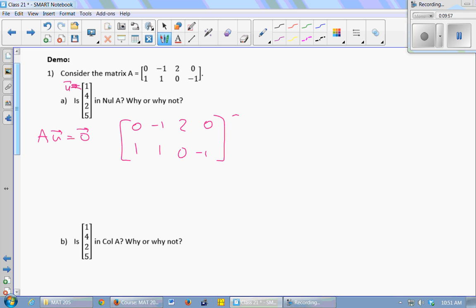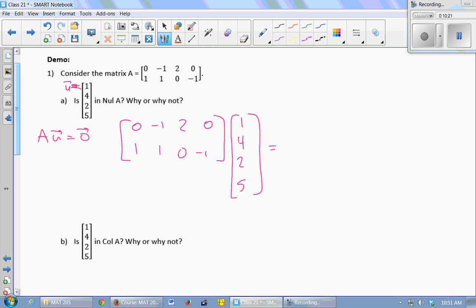Times this 4 by 1 vector. So this is a good chance to remind yourself how matrix multiplication works. Take each row times the vector, and my resulting answer is going to have what dimensions here? 2 by 1.